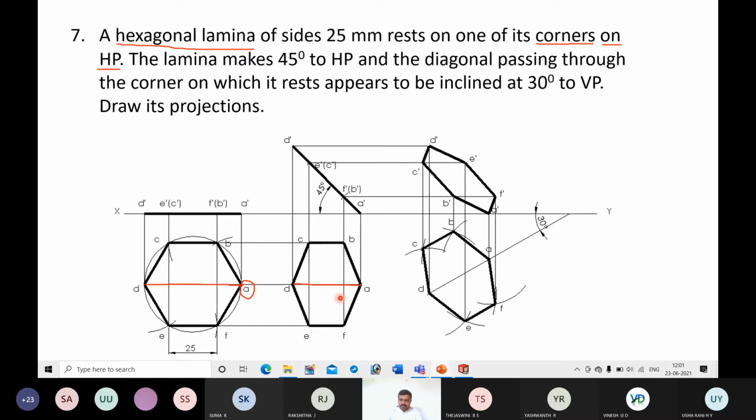Because of that, the width of the hexagon also got reduced because of inclination. Now look at the given inclination. The diagonal passing through the corner on which it rests appears to be inclined at 30 degrees to VP. So here we have a false length of diagonal and the given inclination is also false.